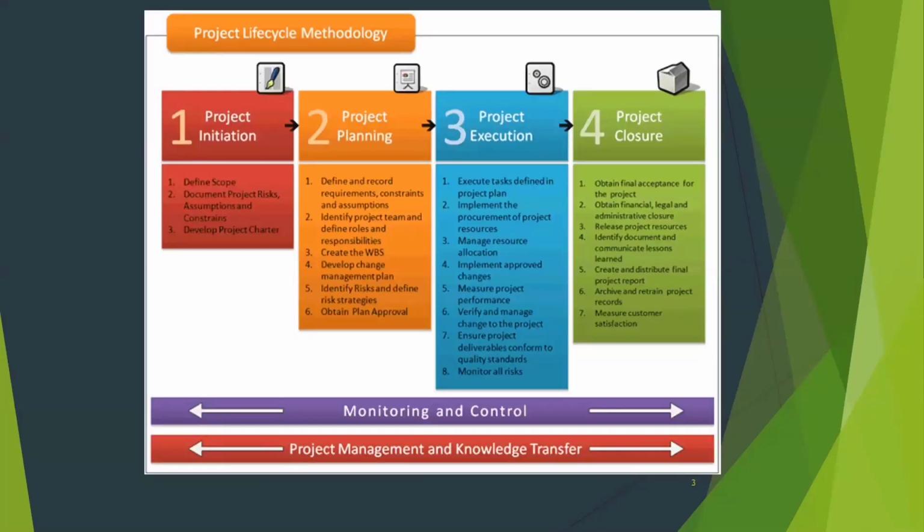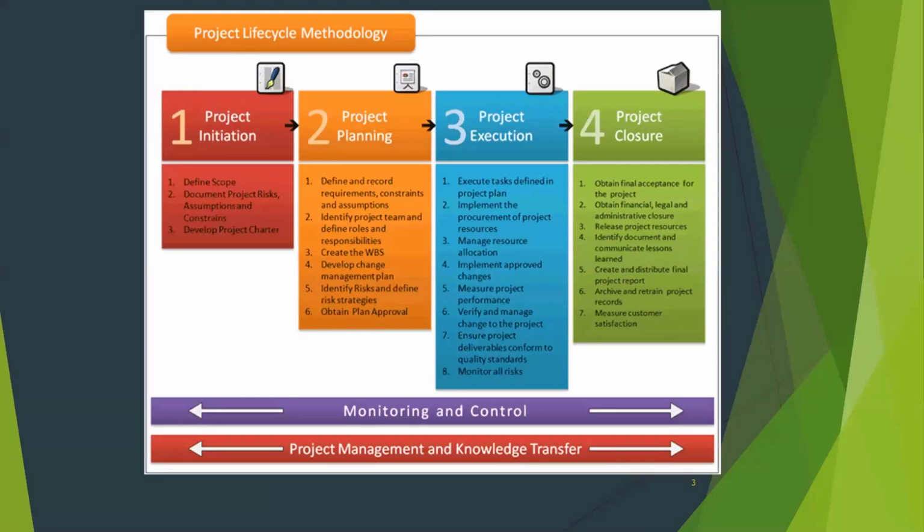So this is meant to give you an outline of different types of document or artifacts that might be needed within each of the phases of a waterfall type project. So in initiation, you have defining your scope, your initial risks, assumptions, constraints that would go into the development of a project charter document.